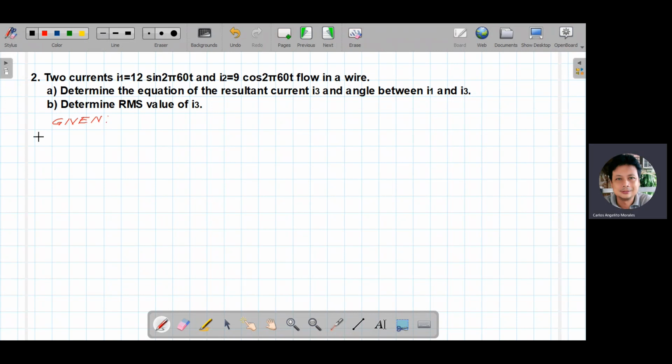We have I1 equal to 12 sine 2 pi 60t. Then I2 is equal to 9 cosine 2 pi 60t.